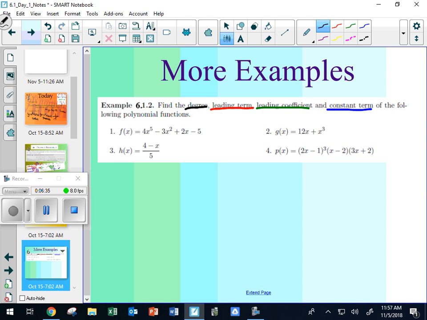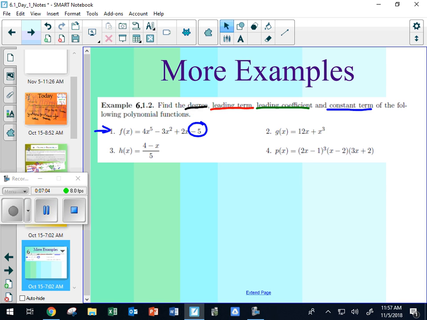Of these, you will already know one of them. Constant term is just another way of saying the constant in your equation, the one that has no x's associated with it. So in this first problem here, what is our constant term? It's just -5, all right?